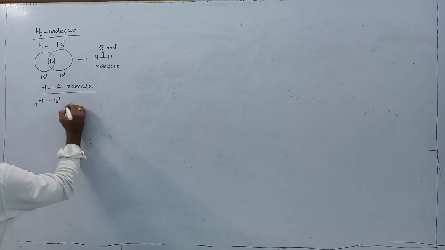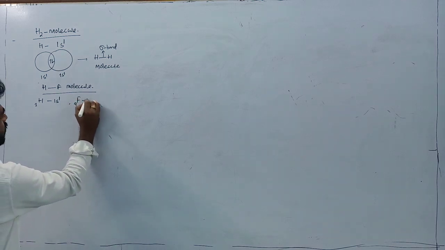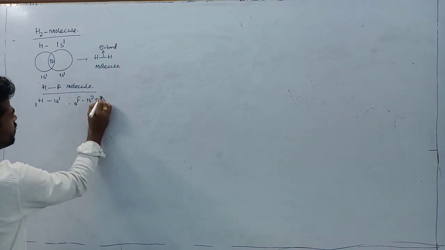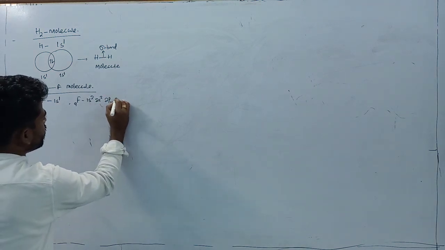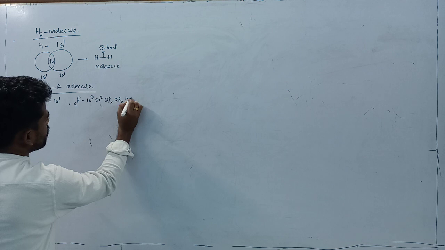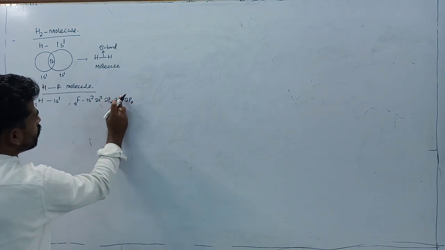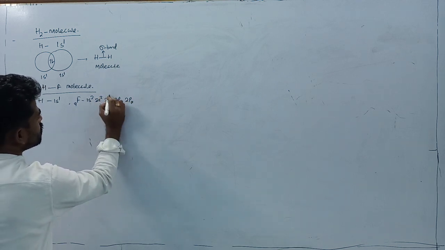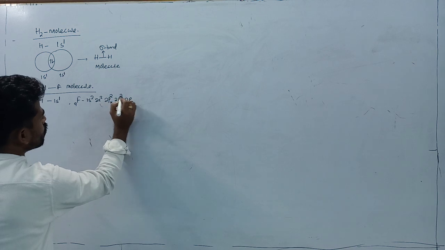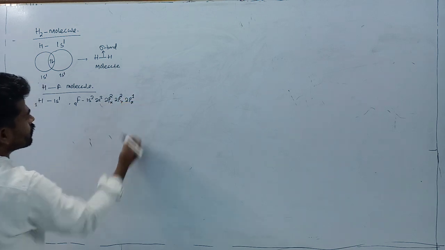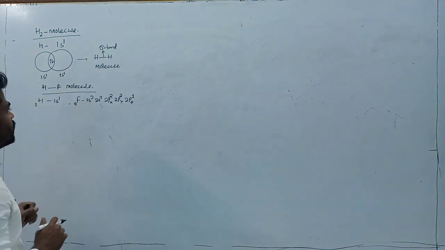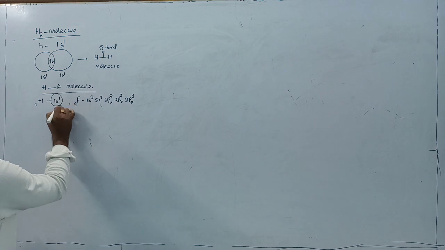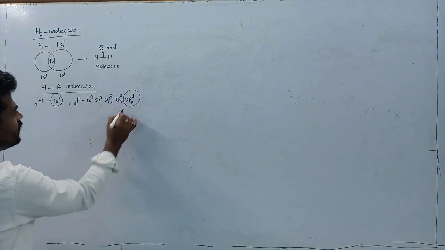And fluorine, atomic number 9, is 1s2, 2s2 and 2p5, which I can represent as 2px, 2py, 2pz with 2, 2, 1 electrons. So you have to consider the half-filled atomic orbitals. Here that is 1s1 and the other one is 2pz1.